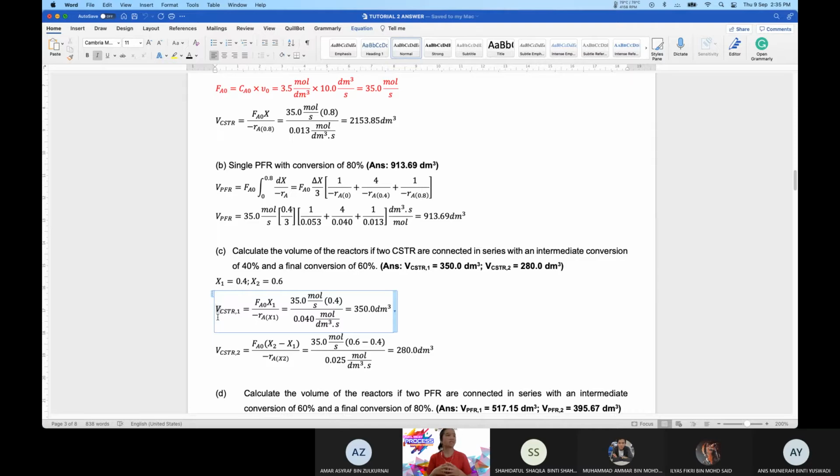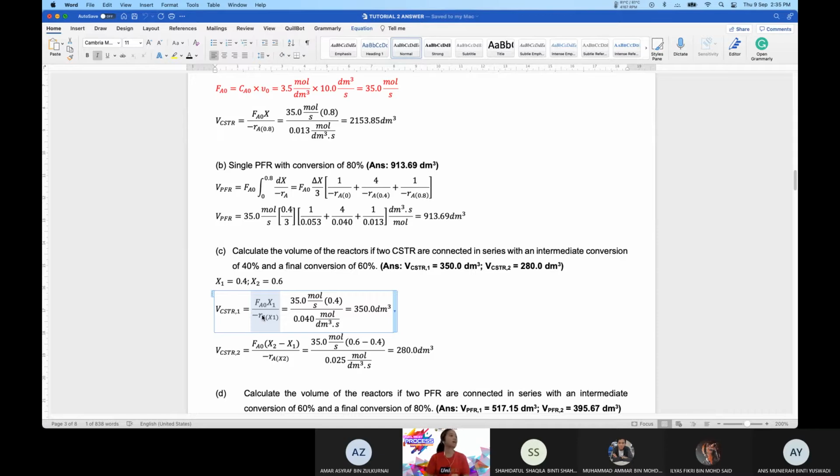It's very important to indicate X1 or X2: the first reactor must have conversion X1, and minus RA is also at X1, so you don't get confused.